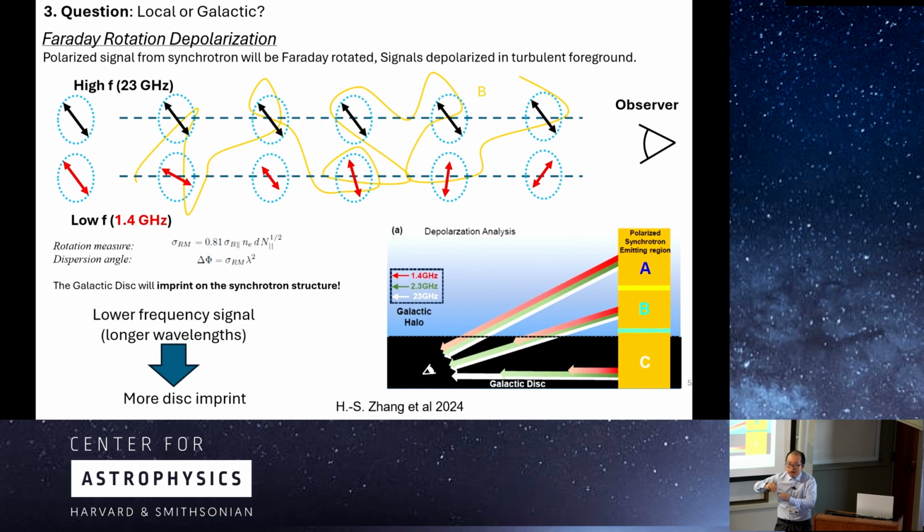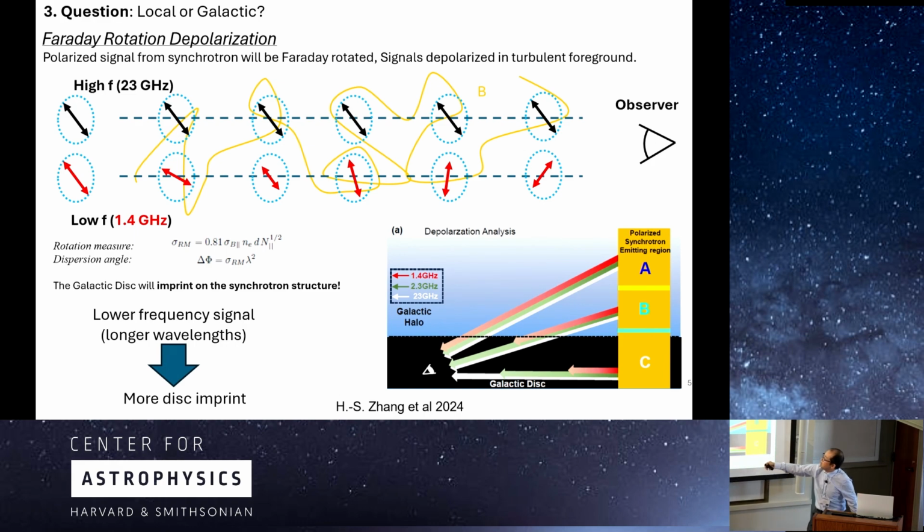As a result, if you have a line of sight turbulent magnetic field, which you do have in the galactic disk, of course, much stronger and much higher electron density than the halo, what will happen is at a lower frequency, it suffers much more than the higher frequency from the Faraday rotation effect. And if you propagate long enough in the disk, the polarization signal of low frequency will be depolarized. It will be destroyed, whereas the high frequency still sustains and you can observe it but not the low frequency.